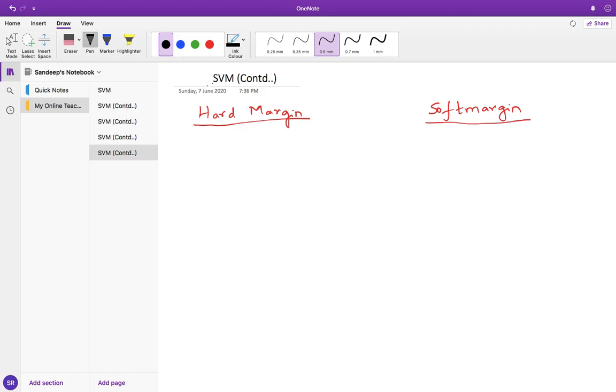So in hard margin, as we have seen earlier, we were trying to minimize the norm of w without the square, and we had the condition that (w xi minus b) into yi is always greater than or equal to 1.